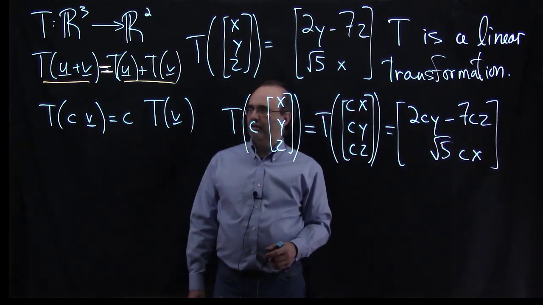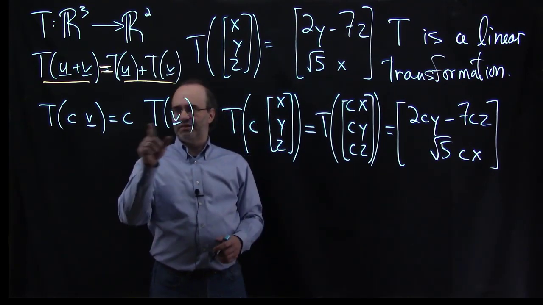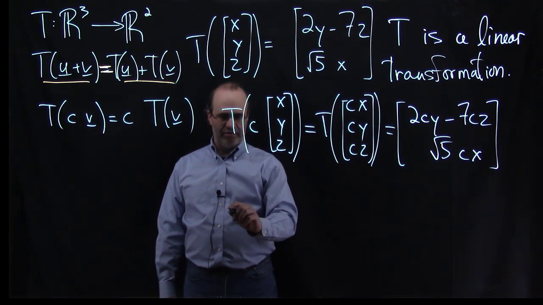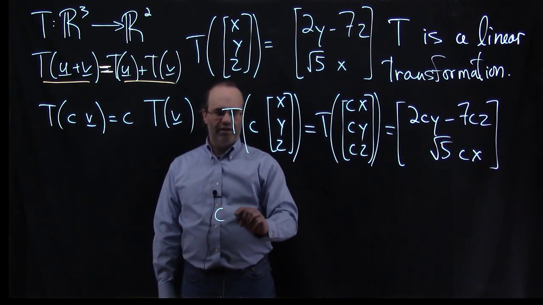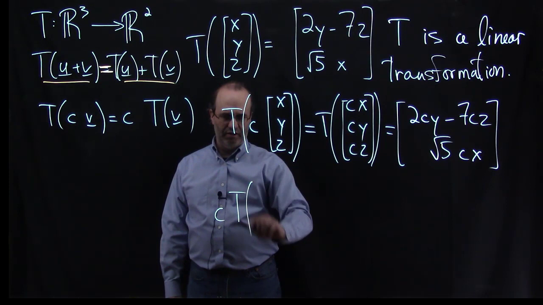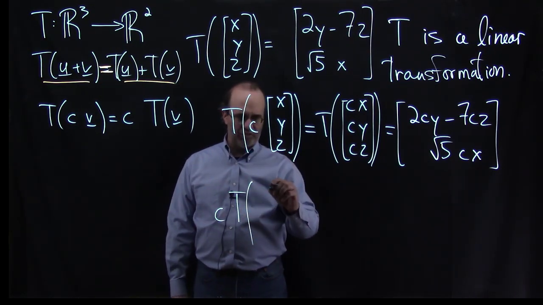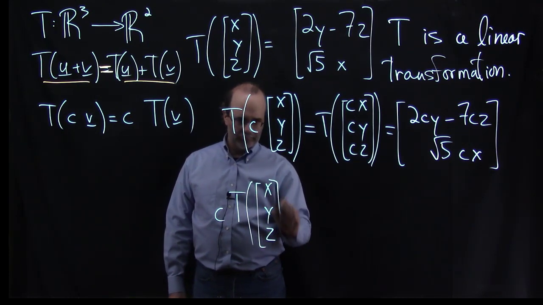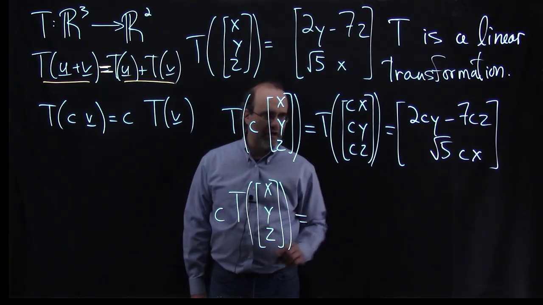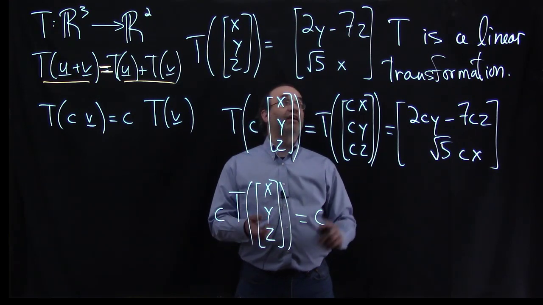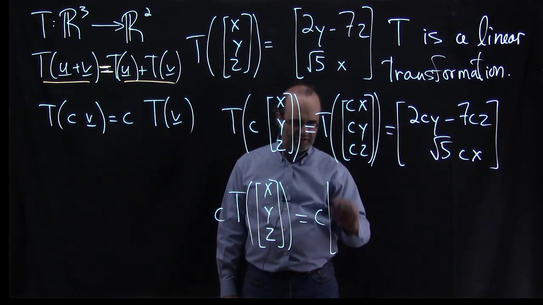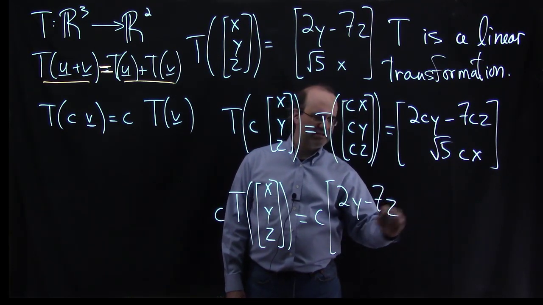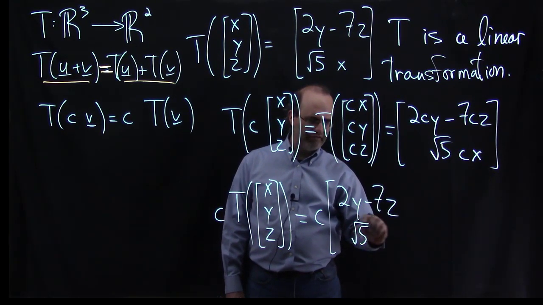Now I'll have to compare this with c times T of v. So what is c times T of v? I still have the T, and v is x, y, z. So I get c, and now I apply T first, so I get c times 2y minus 7z, and then square root of 5 times x.